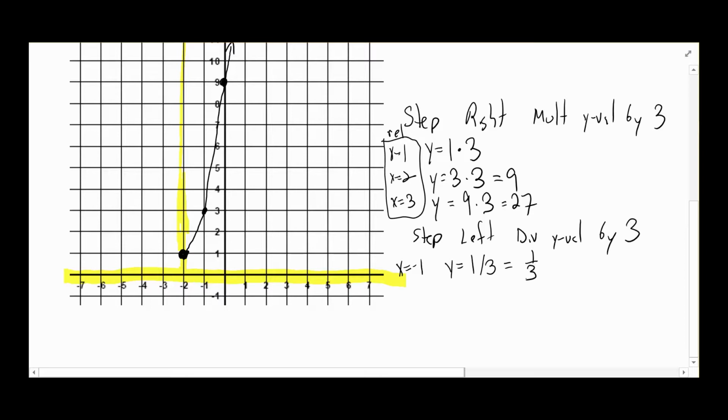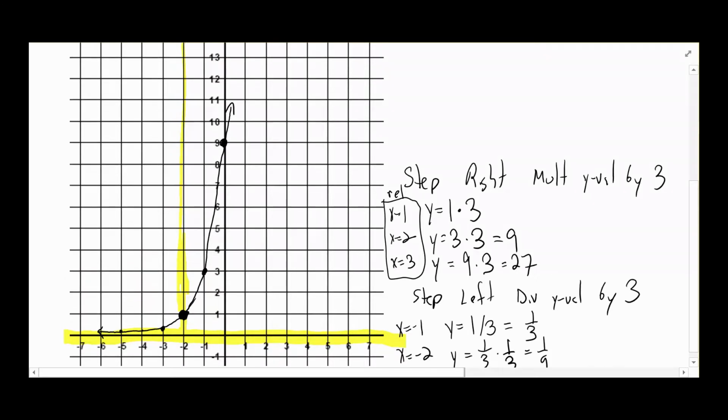That gets me 1/3. If I take another step to the left, I'm going to take that 1/3 that I had and divide by 3 again, or in other words, multiply by 1/3 to get 1/9. And we know we're just going to keep on getting closer and closer and closer to the axis. So we can continue this line, get super close, and there we go.